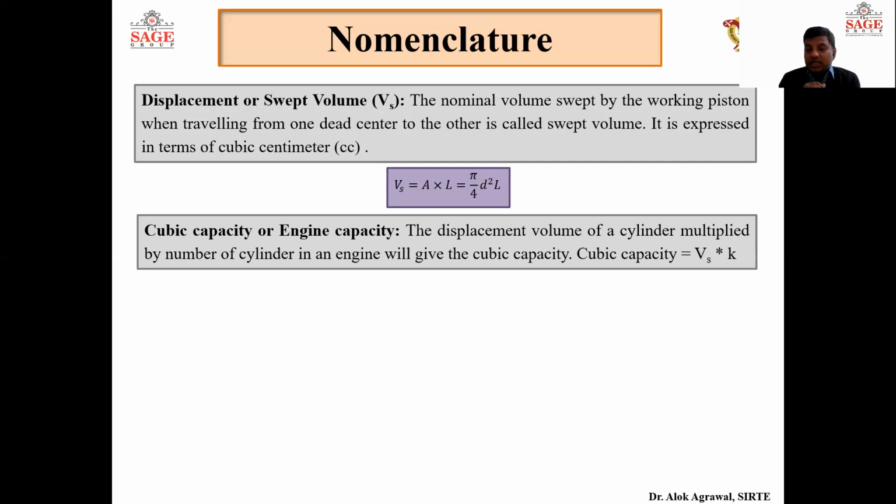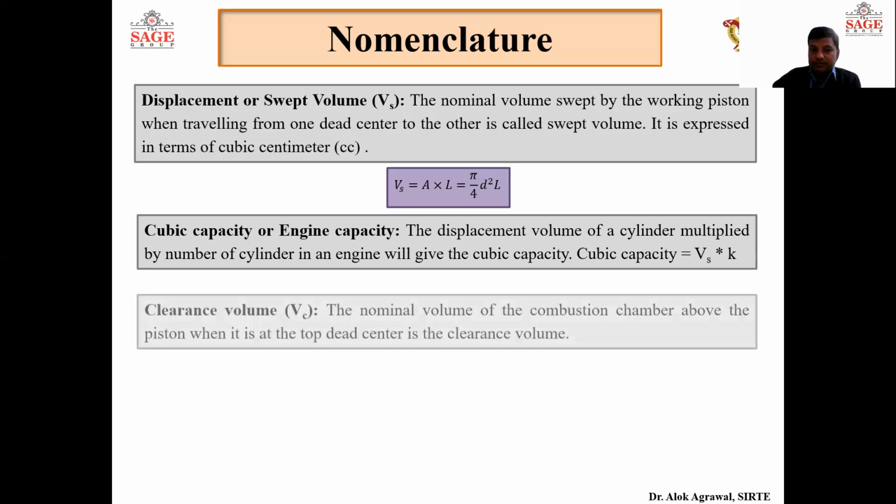But if it is a multi-cylinder engine, suppose for example a 4-cylinder inline engine, which we have seen in the last class, with 4 cylinders in series and each cylinder having a swept volume of 200, what will be the cubic capacity? 200 multiplied by the number of cylinders, 4, gives us 800 cc, cubic centimeter. So this is called cubic capacity.